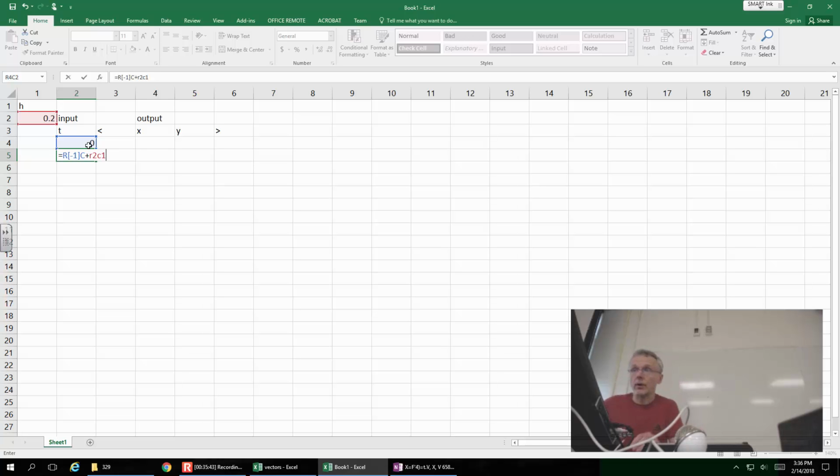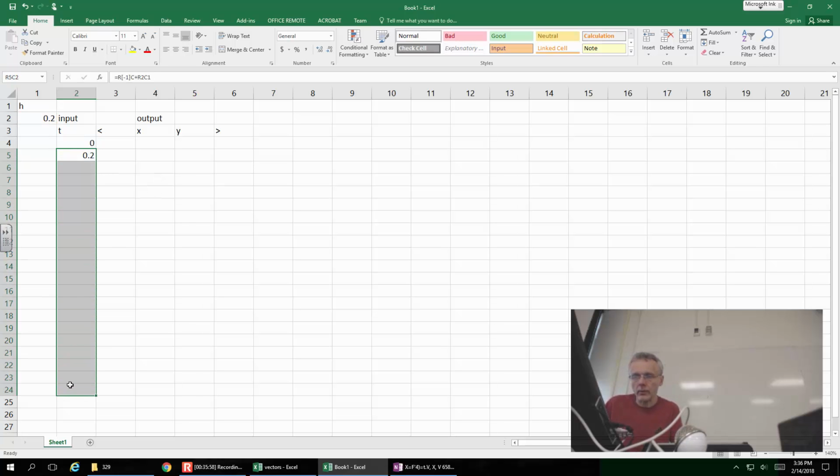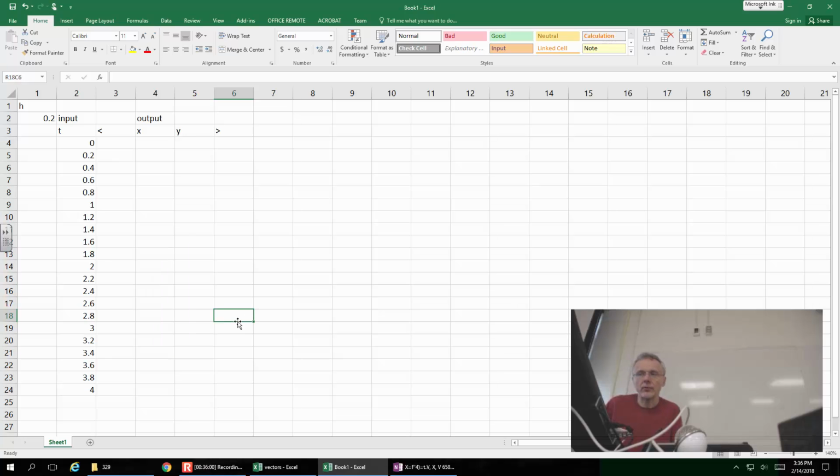R minus 1 C refers to the previous row and the same column. That's how Excel operates, and we might talk more about that. So I have a bunch of t's, and now I will be constructing x's and y's.